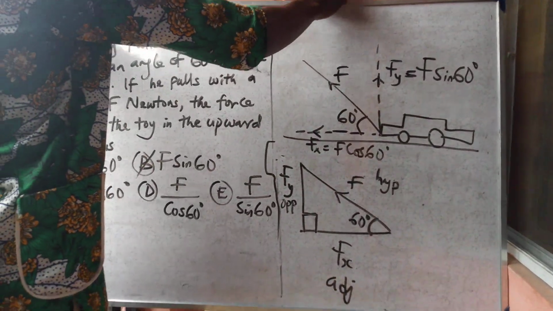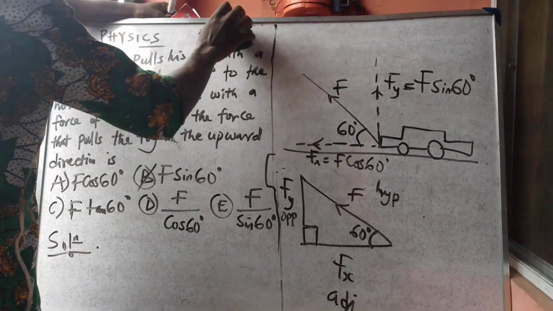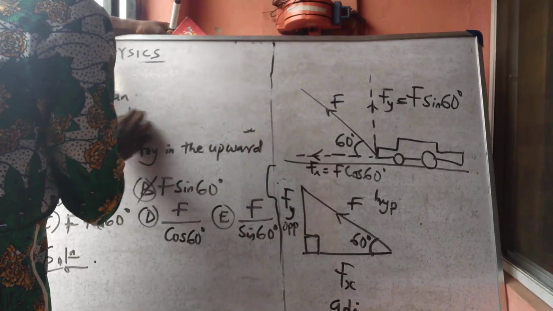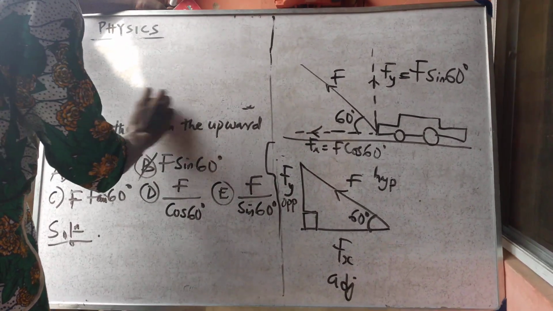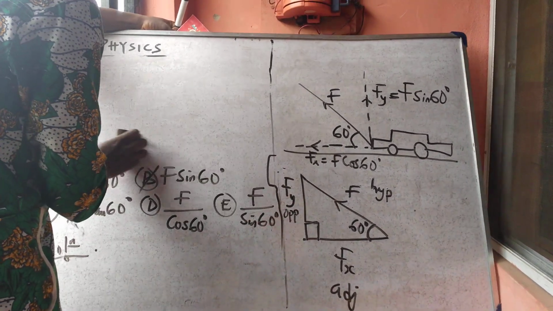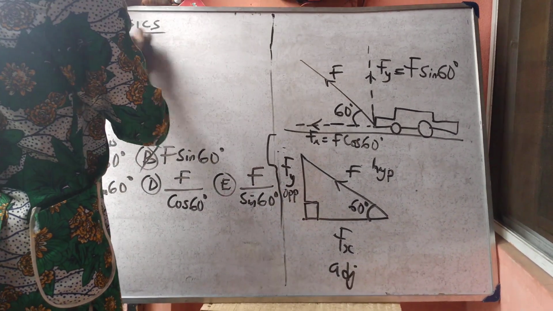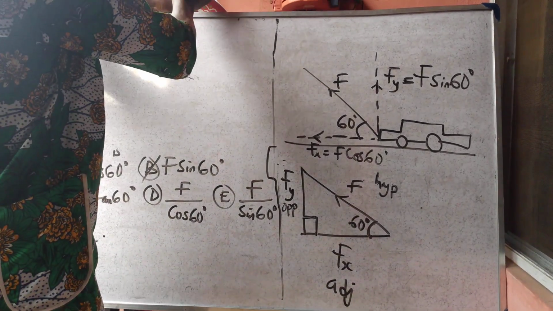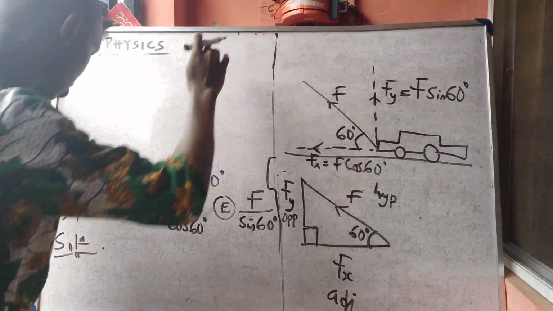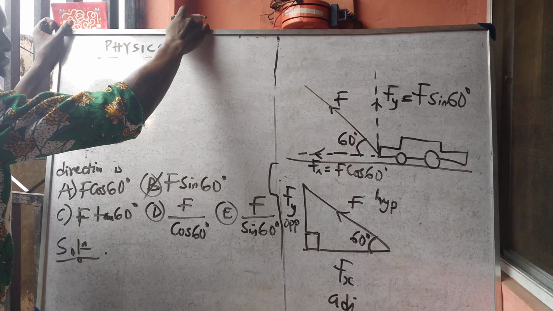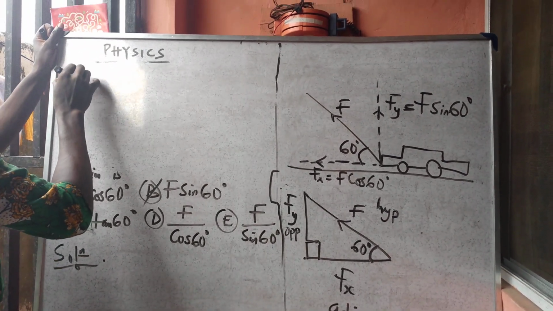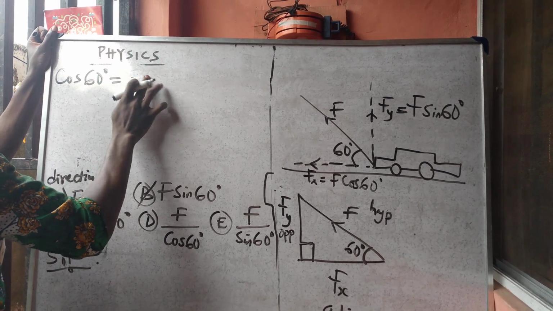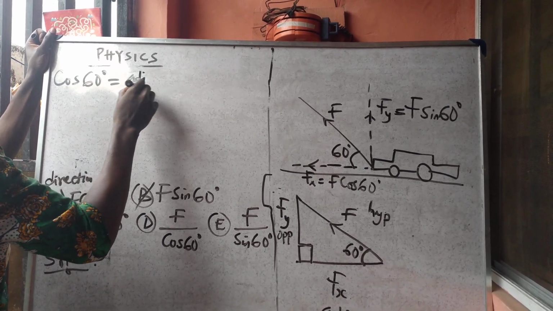So it means that from trigonometric ratios, we look for the cosine of that angle. Cos 60 degrees is equal to adjacent over hypotenuse.